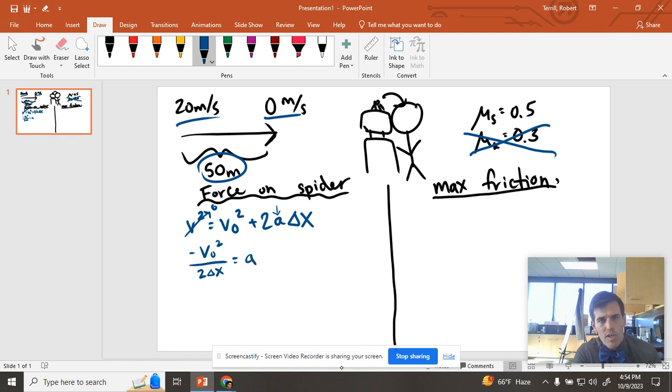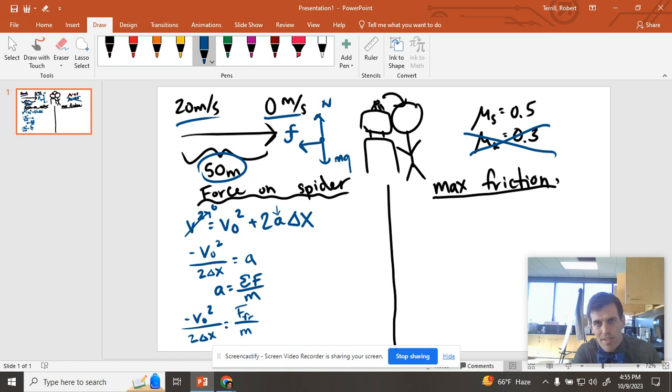But we have one other equation that we know acceleration is equal to. We know that acceleration is equal to the sum of the forces over the mass. So I can combine these two equations together and say negative V naught squared over 2 delta x is equal to the sum of the forces over the mass. But there's really only one force on it: the force of friction. That's the only thing that would keep the spider on the headrest as you stop.